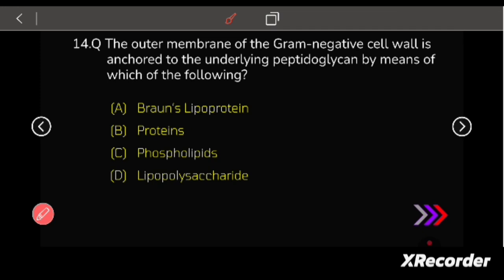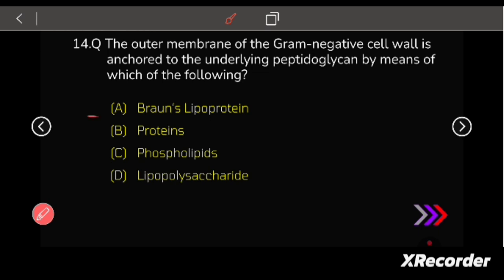Question number 14. The outer membrane of the gram-negative cell wall is attached to the underlying peptidoglycan by means of which of the following? A. Braun's lipoprotein, B. Proteins, C. Phospholipids, D. Lipopolysaccharide.